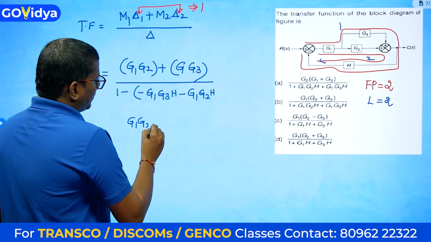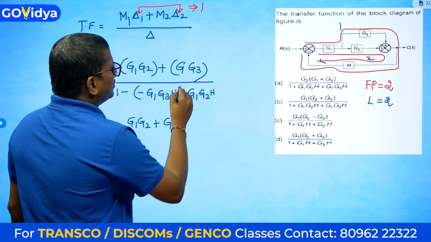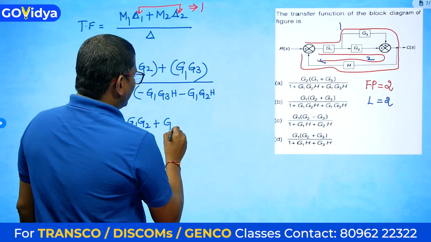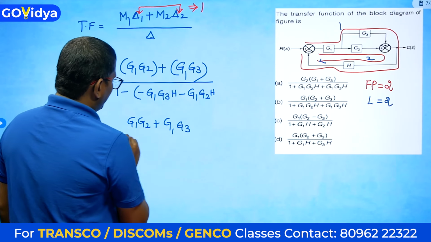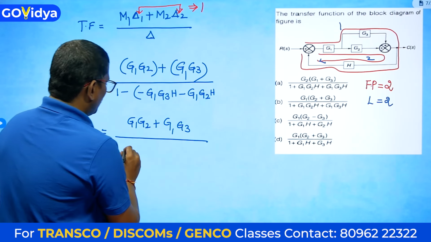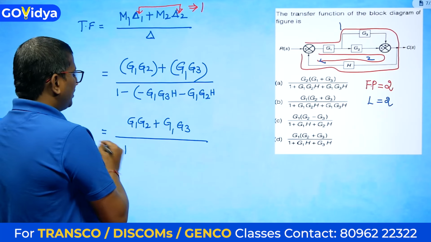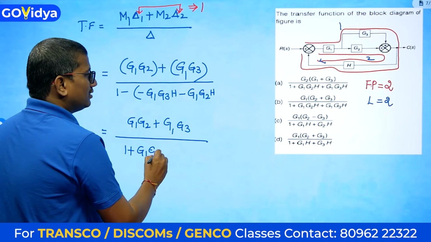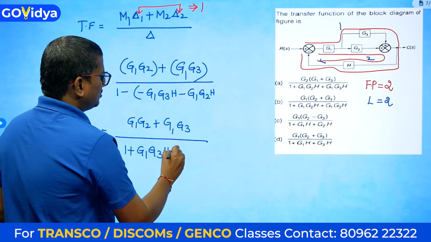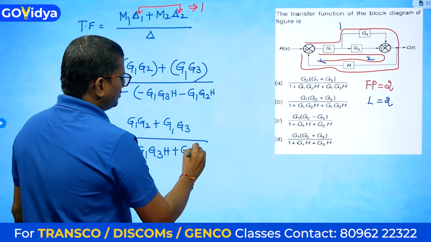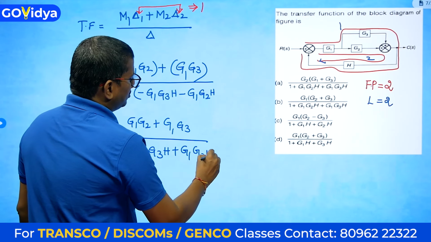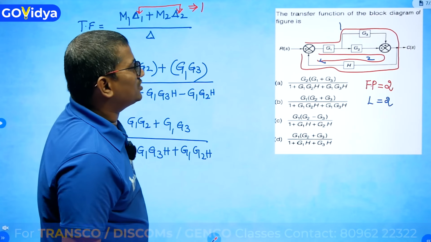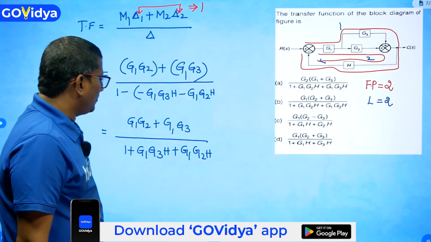G1 G2 plus G1 G3, whole divided by 1. Both are minus, so you take the minus outside. So 1 plus G1 G3 H plus G1 G2 H. So which option is very close to our question?